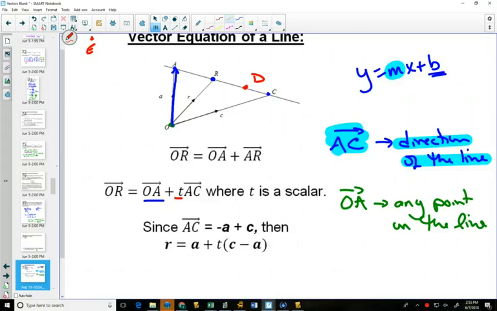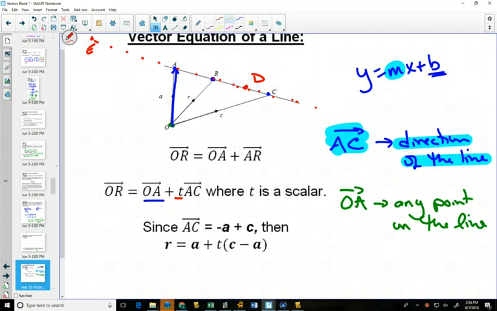And as I change the parameter t to any value, I would slowly get all of these position vectors along that line. And putting all of those position vectors together would create that line. Just like in y equals mx plus b, you could plot a number of points, and if you plotted every single point possible, altogether that would make the line.